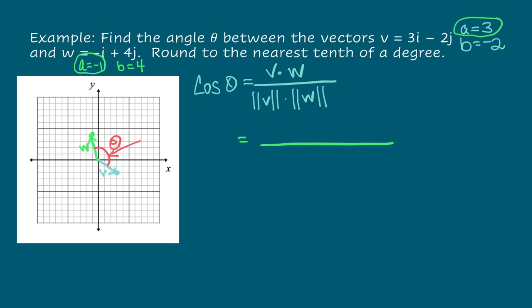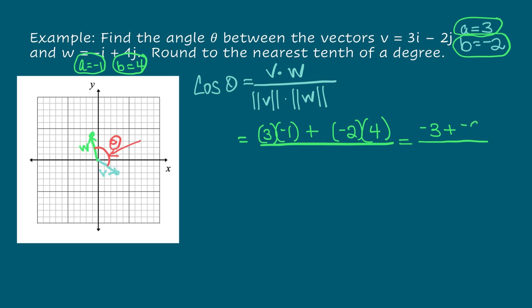So I am going to multiply 3 times negative 1 plus my b components. My b components are negative 2 and 4. So negative 2 times 4. And that's going to give me negative 3 plus negative 8.